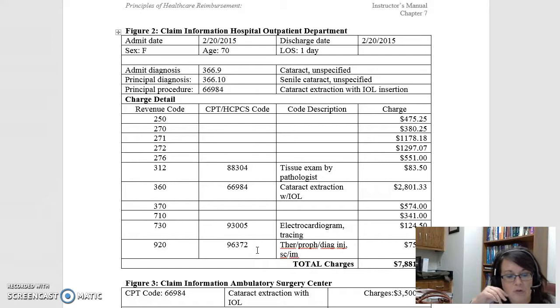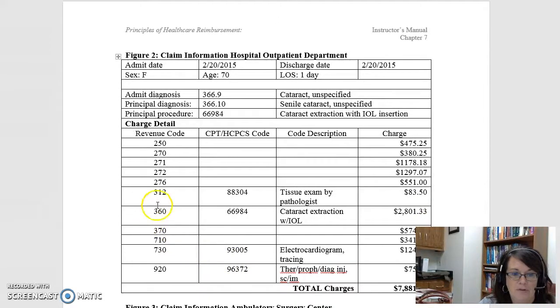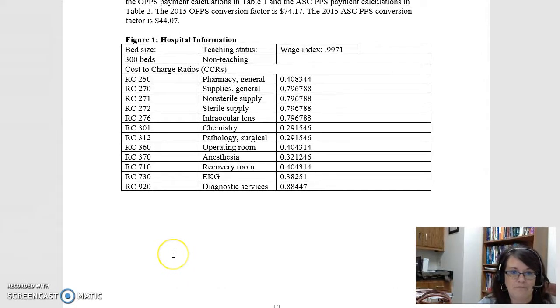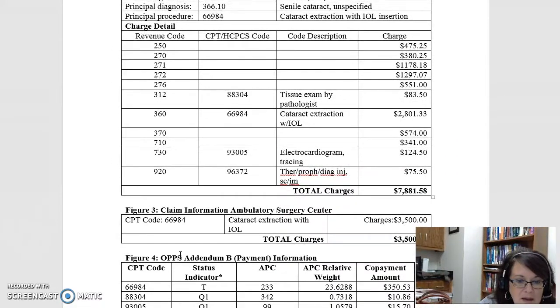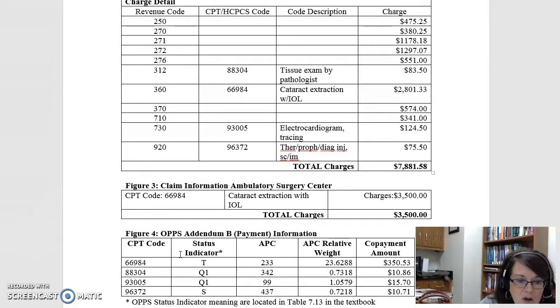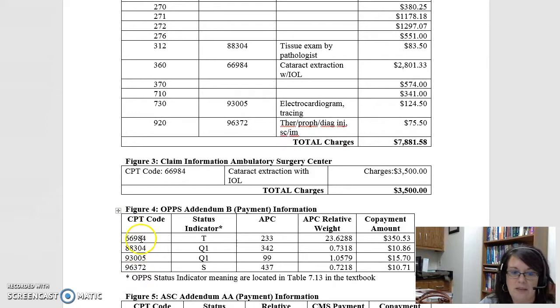So we can go through those figures and find those relative weights, which if you look at the revenue codes, are 312, 730, and 920. I don't have the relative weights for those here. It's a table that's not listed here. Otherwise, oh, here they are right here. I just don't want to show you the answers.